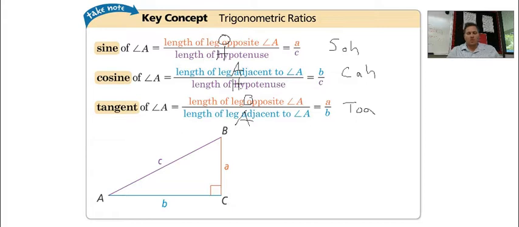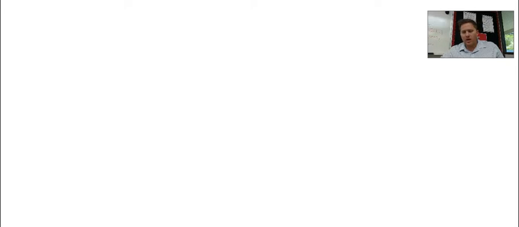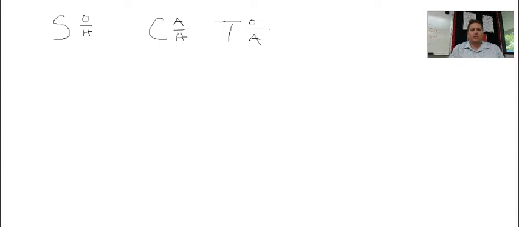Even though you have this written down right here, I like to rewrite it in a different way, so I'll come back to this slide in just a second. Let's have you write right here. The way I always remember this was I wrote SOH, and I like doing a fraction like that, and then CAH, and TOA, just like that. So let's write this out just so we remember.